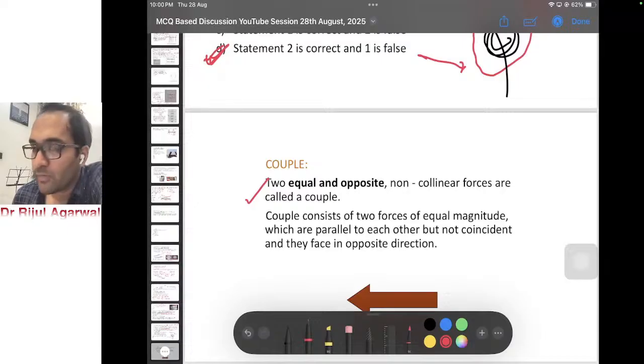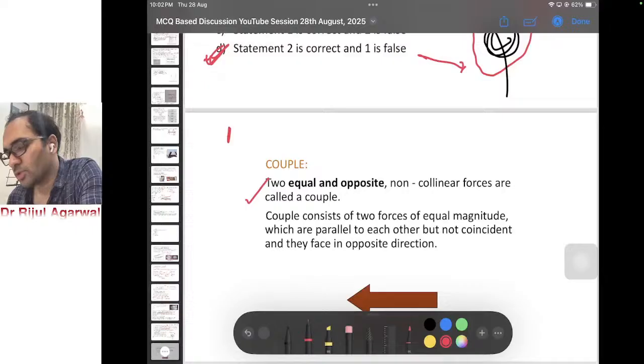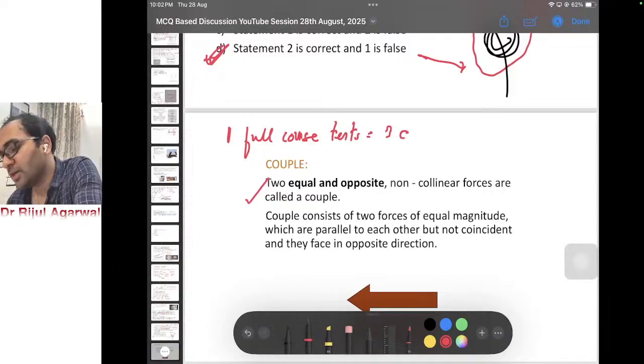Okay, so solve MCQs and give one complete full course test every 3 days.